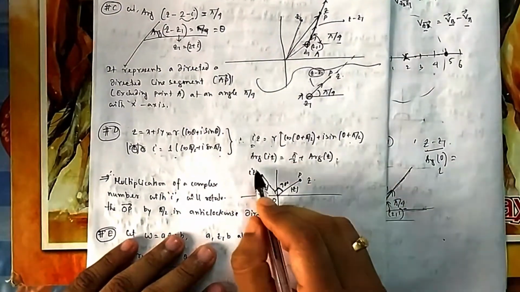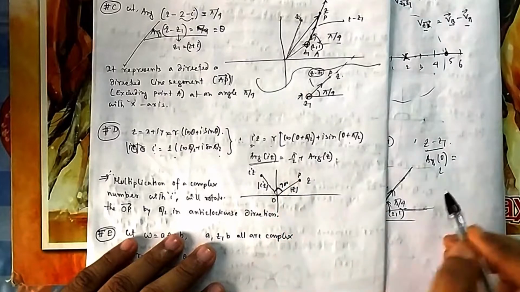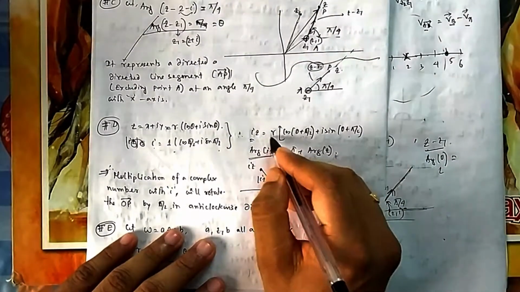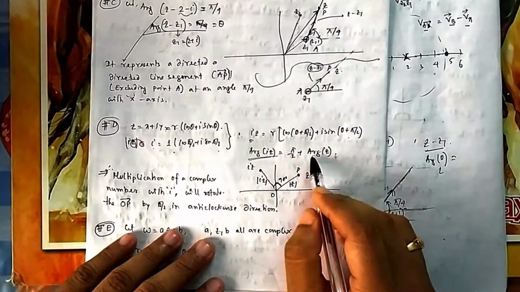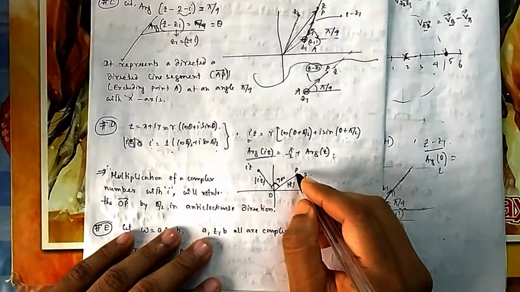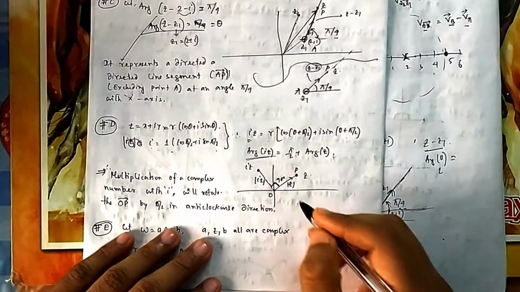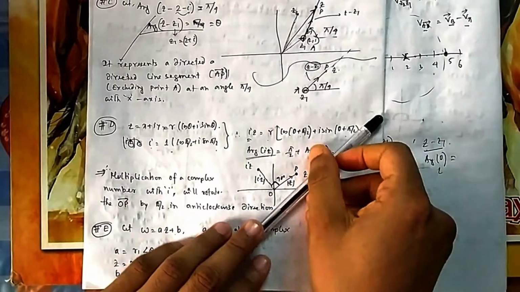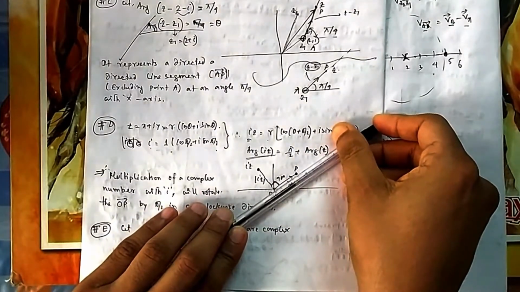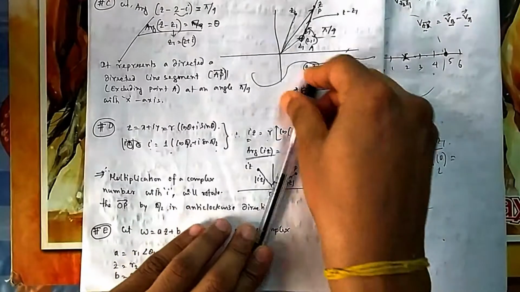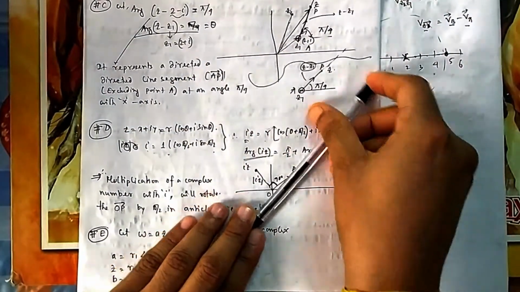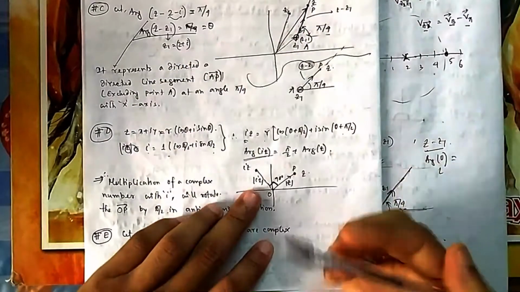So what is the argument of iz? It is pi by 2 plus the argument of z. That means the magnitude remains the same, but the angle changes. If this is your z represented by the point or vector OP, then if you multiply z by i, it will be represented by another vector, which is OP rotated by an angle of 90 degrees.